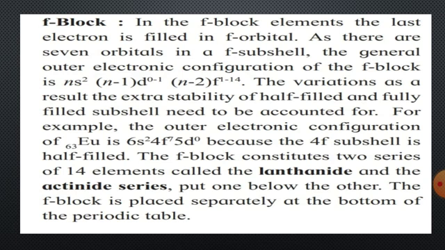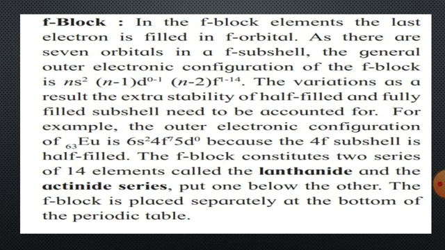For example, the outer electronic configuration of europium, whose atomic number is 63, is 6s2 4f7 5d0. Because the 4f subshell is half filled. Fine. It contains 7 electrons in the 4f subshell, which is half filled.